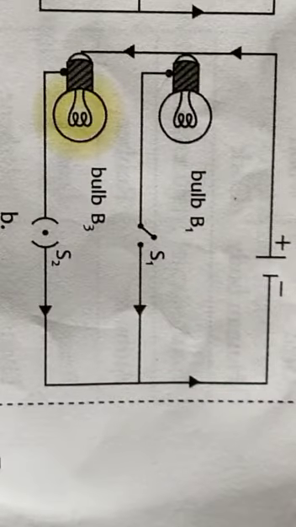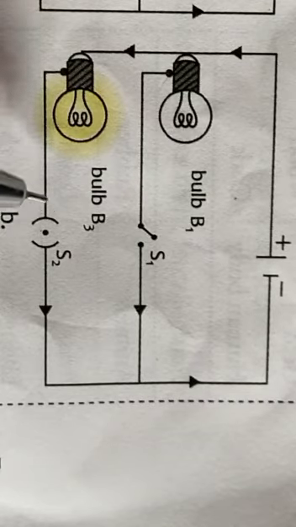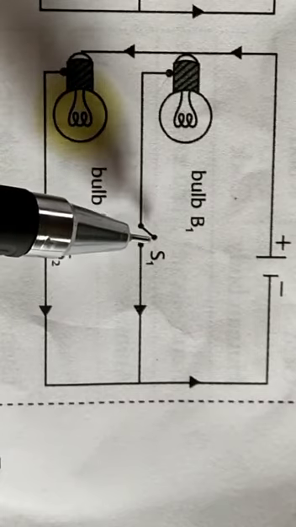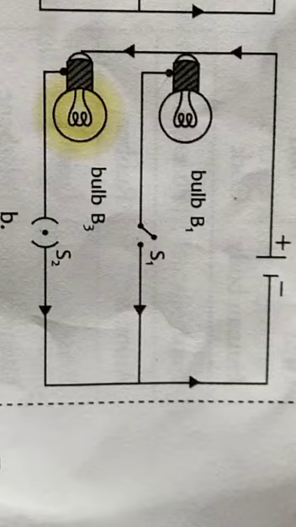Now in this diagram, if I want this bulb to glow, I will keep this switch on and this switch I have put off. So according to our convenience, we can switch any bulb on or off.